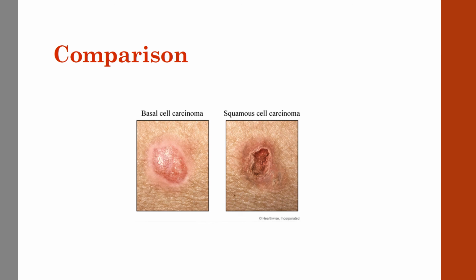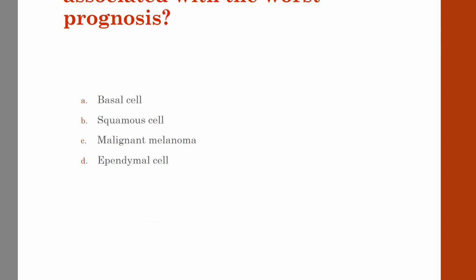Difference between basal and squamous: basal usually doesn't bleed, squamous will bleed. That's the difference, and it looks worse. So which one is the worst prognosis, you guys? Malignant melanoma, right?